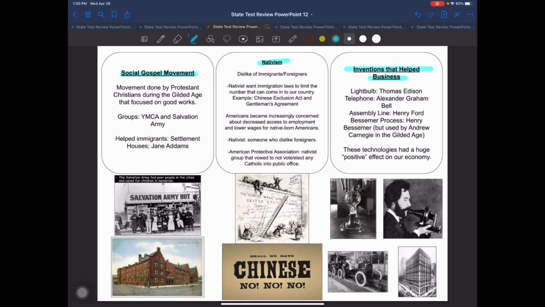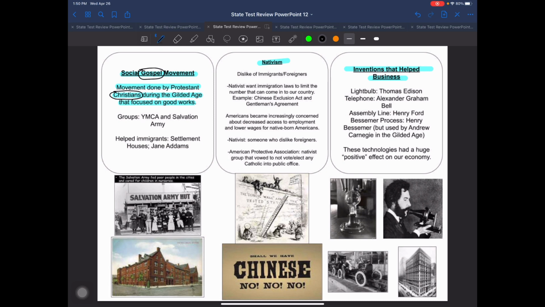This is a movement that was done by Protestant Christians that focused on good works. Let's circle a couple of things, guys. The name, gospel. Okay? The gospel, and then right here, this is focused around the religion of Christianity.